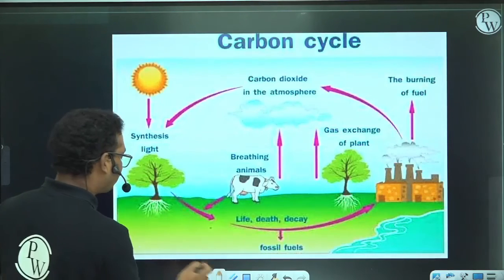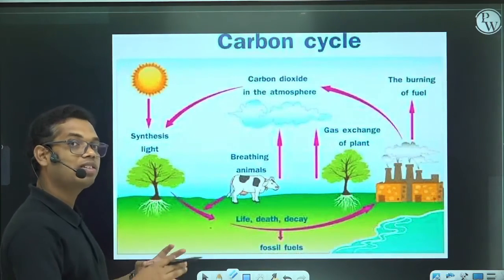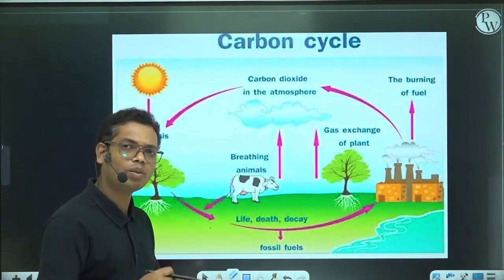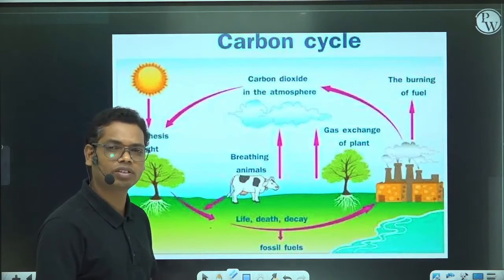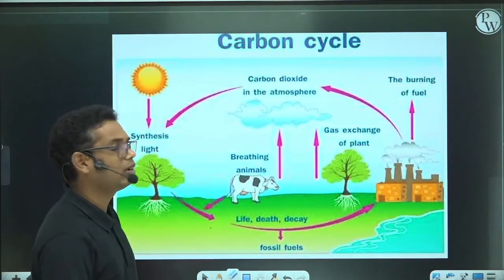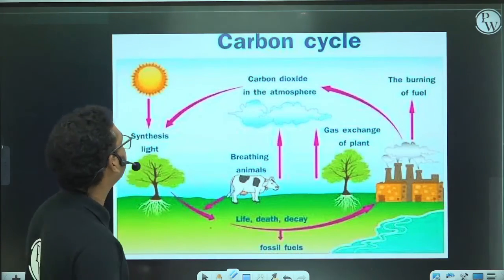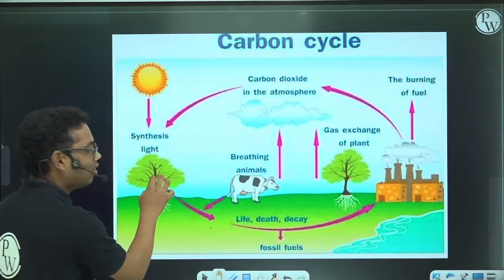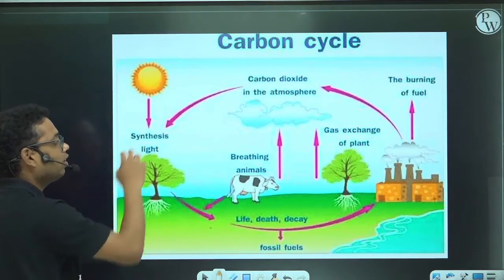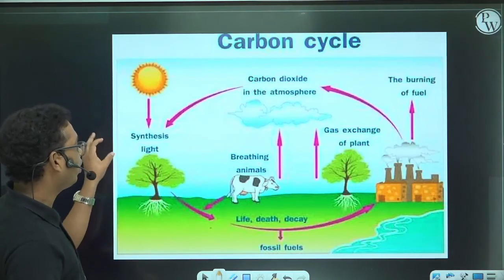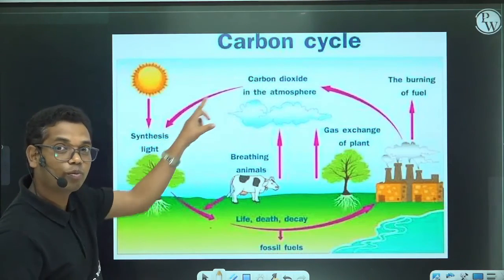Why is carbon important? Because living organisms are made up of biomolecules, and every biomolecule is made up of carbon. That is why carbon is very, very essential. We know that these are the plants, and they use the sunlight and take up the CO2 present in the atmosphere.